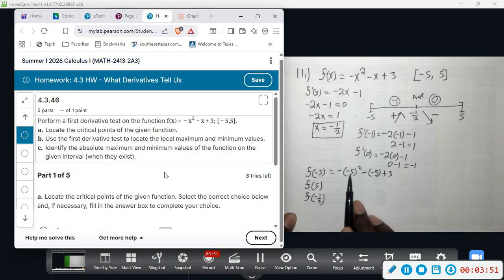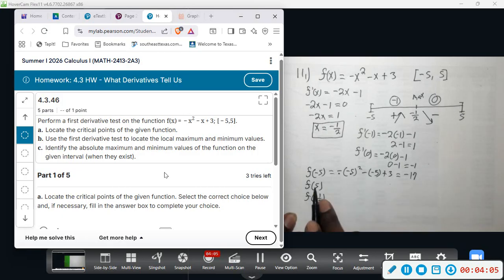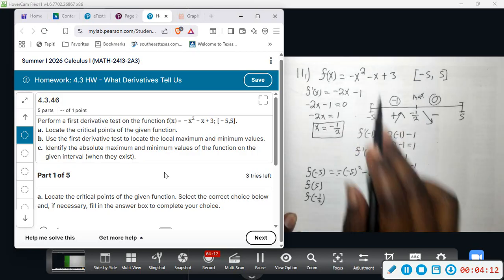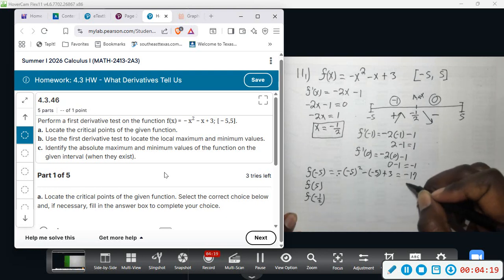Positive 25 goes back to negative. So we got negative 25 plus 5. So we got negative 20. Negative 20 plus 3, negative 17. Do the same thing with 5. You get a 25 that's negative, negative 25, and there'll be a minus 5, which will give you negative 30. Negative 30 plus 3 will give us a negative 27.